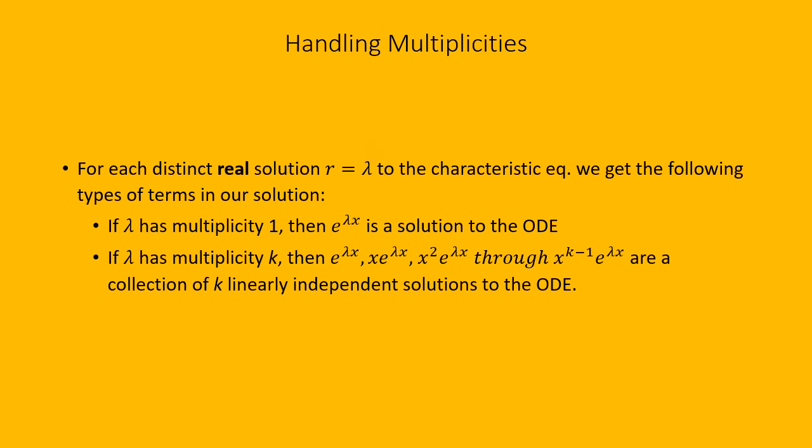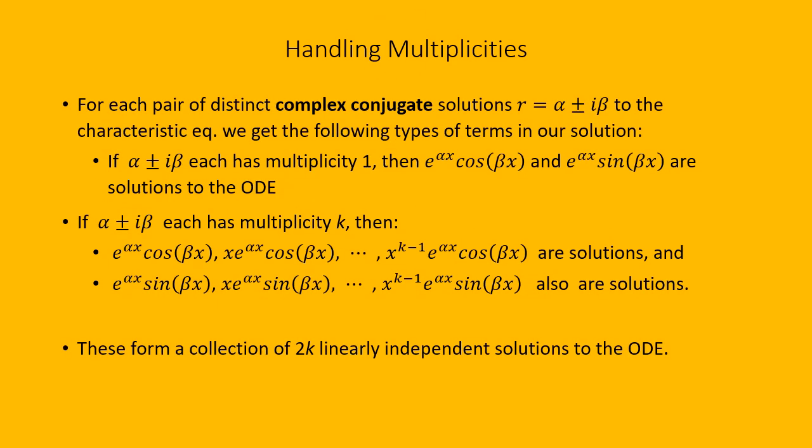What about complex? So let's look at the complex root case. For each pair of complex conjugate solutions, r equals alpha plus or minus i beta to the characteristic equation for our ordinary differential equation, we may get the following types of terms in our solution.